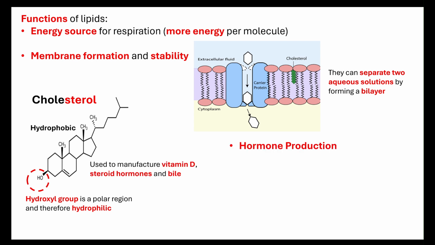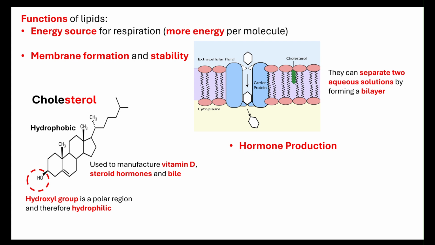Now, another function of lipids is hormone production. Cholesterol is used to manufacture not only vitamin D, but also our steroid hormones. It's also necessary for the formation of bile.